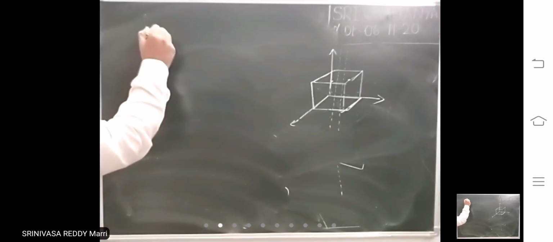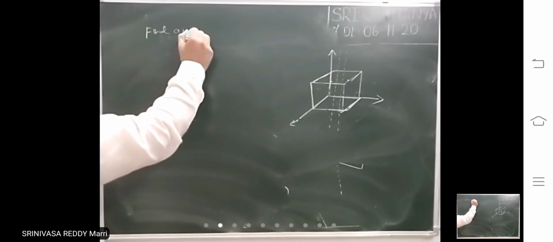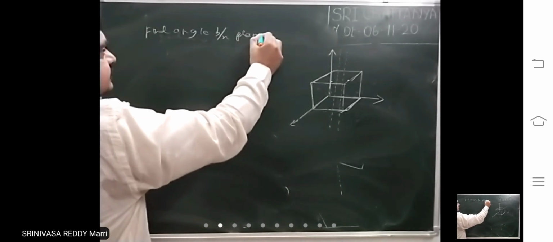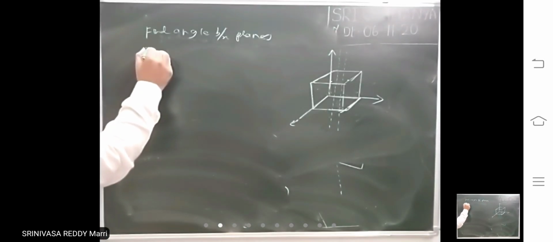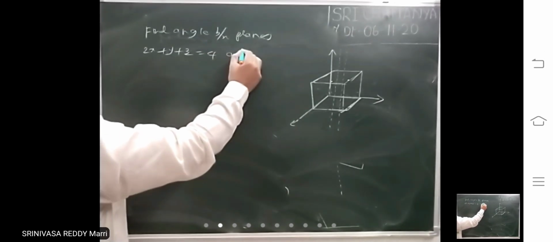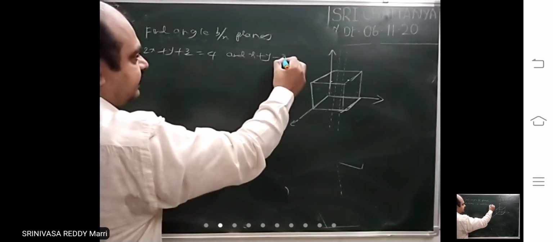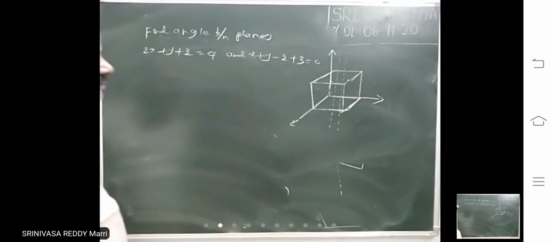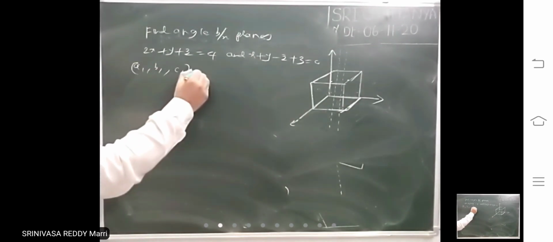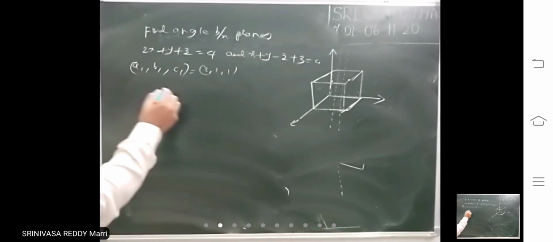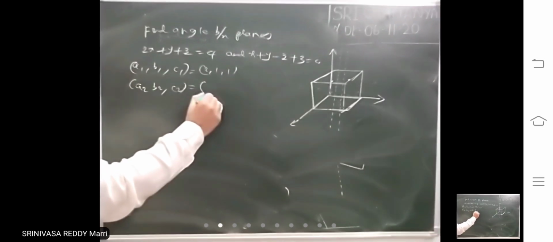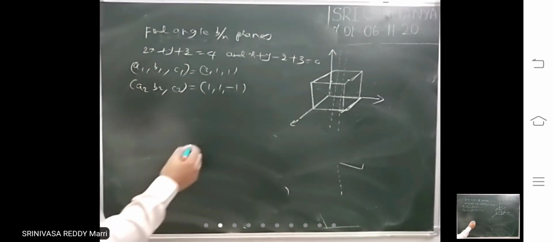Look at. Take one simple problem. Find angle between planes 2x plus y plus z equal to 4 and x plus y minus z plus 3 equal to 0. So that means normal vector for this is a1, b1, c1 = 2, 1, 1, and a2, b2, c2 is the normal vector of the other.